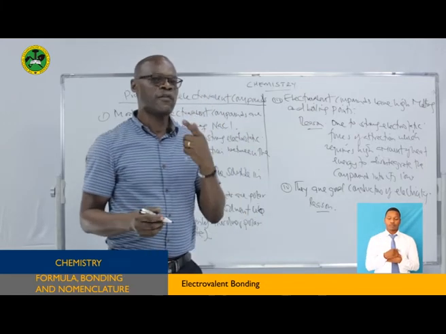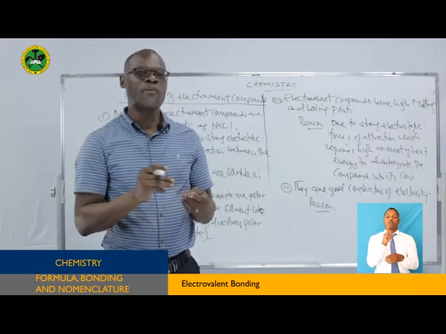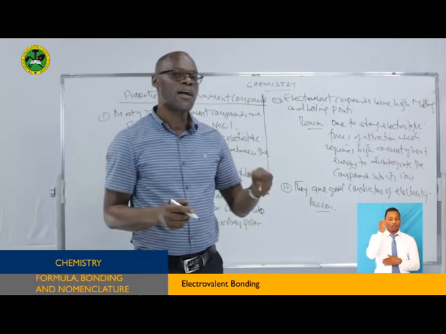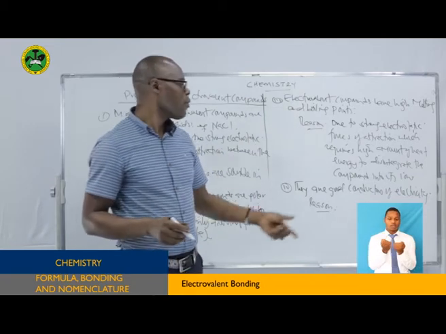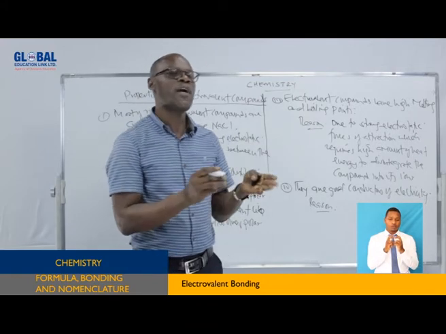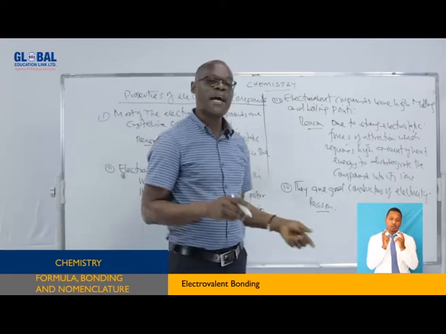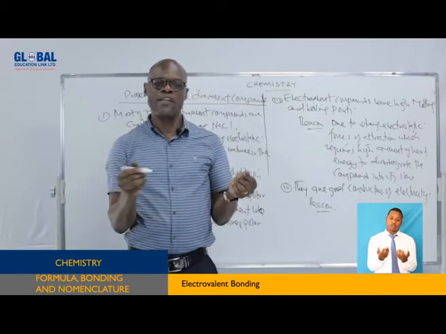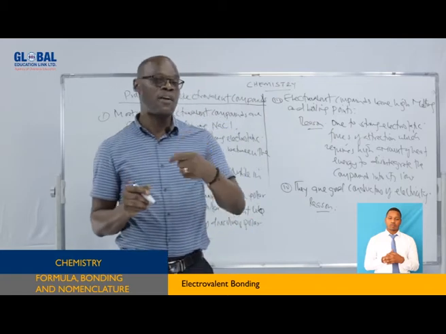We said conduction of electricity is as a result of the presence of ions. Remember, current can only be transported from one point to the other using ions. Now, because these components are made up of ions, we expect that they can conduct electricity. The question now is, in which form will they conduct electricity? In solid form, they cannot. If you pass current through a solid ionic compound, it won't conduct electricity because there are no free ions.